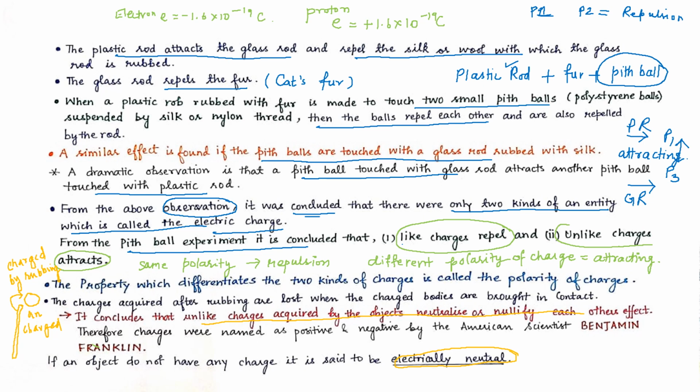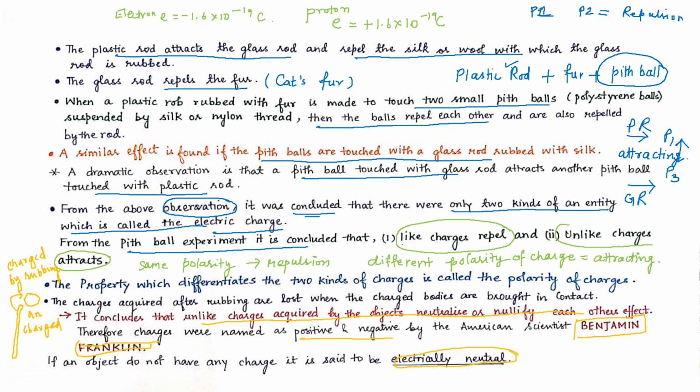First thing we need to note down is that the names for the polarity of charges were given by Benjamin Franklin. He was an American scientist. He worked in the field of electrostatics and electric currents, and he gave us these names, positive and negative, for the charges. One has the positive polarity, the other has the negative polarity.